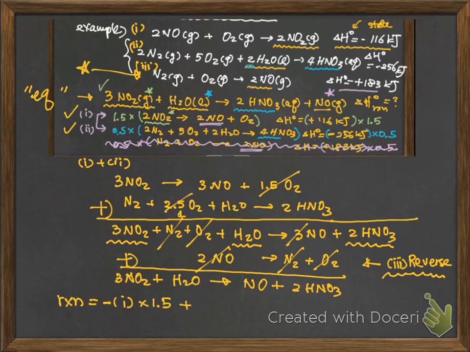and also this one was in the reverse way, so it's a minus. And the second reaction, this is the first one, this is the second one, the second reaction is multiplied by 0.5, and this is in the same direction as shown, so we're going to use it as it is. And the third reaction we're going to use, but it has to be multiplied by -1, or the reverse direction.